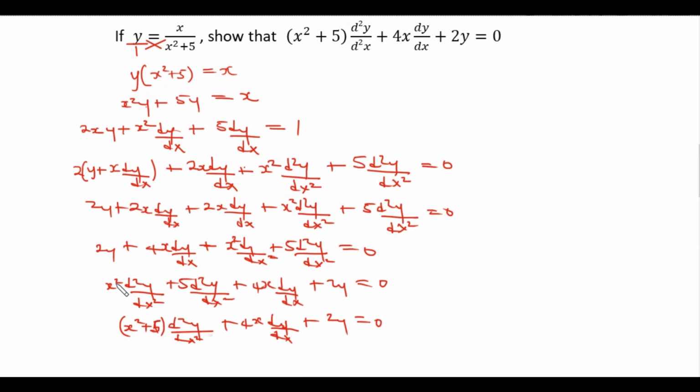Factorize this, x squared plus 5, d squared y is taken out. So this is what we have. So this is our answer for this question.